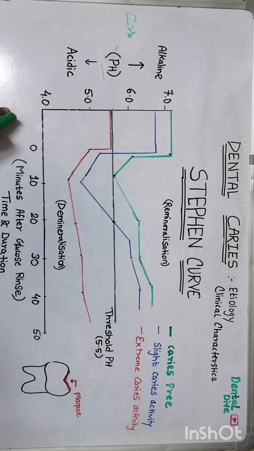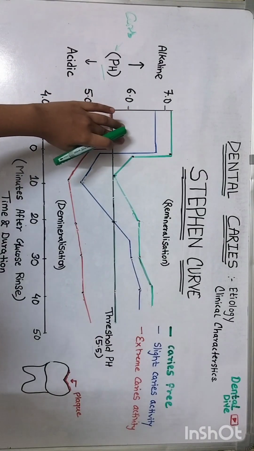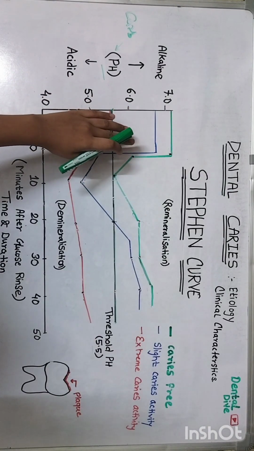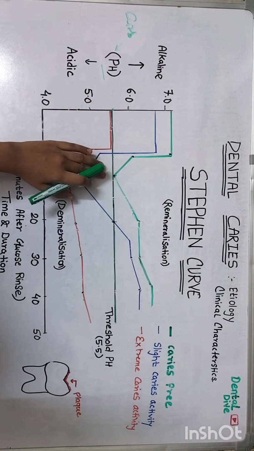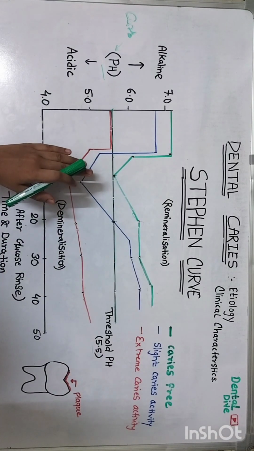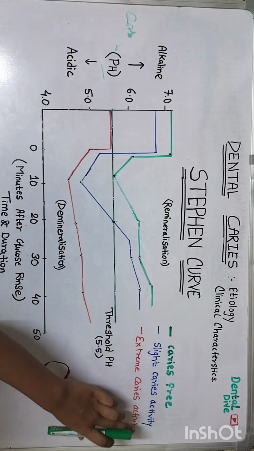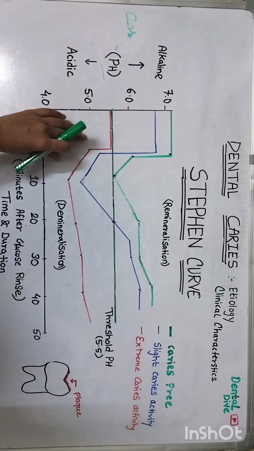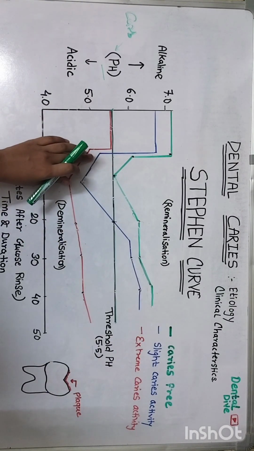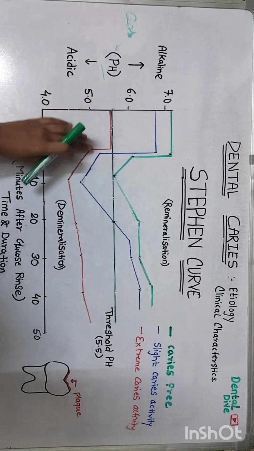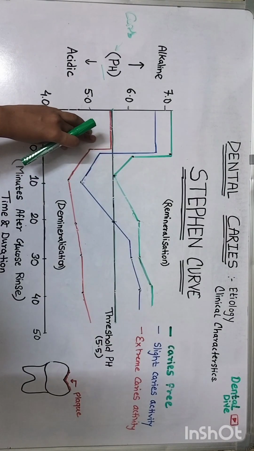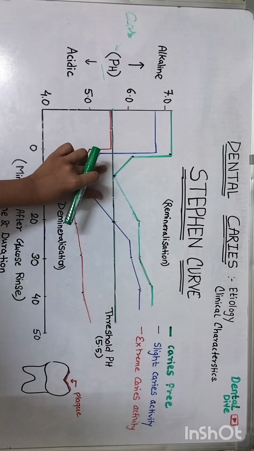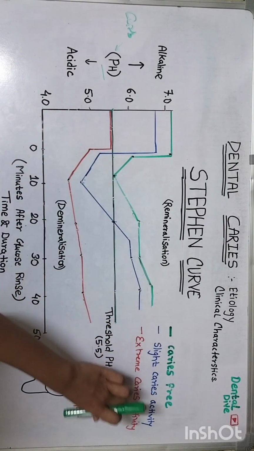Suppose when the patient rinses with glucose, there will be an initial drop of pH. If the pH does not fall below 5.5, there will be no demineralization, means the patient will be caries free. If the initial drop is below 5.5 but for a shorter period of time, as you can see here in the red line, the pH drop is less and for a shorter period of time, there will be slight caries activity.